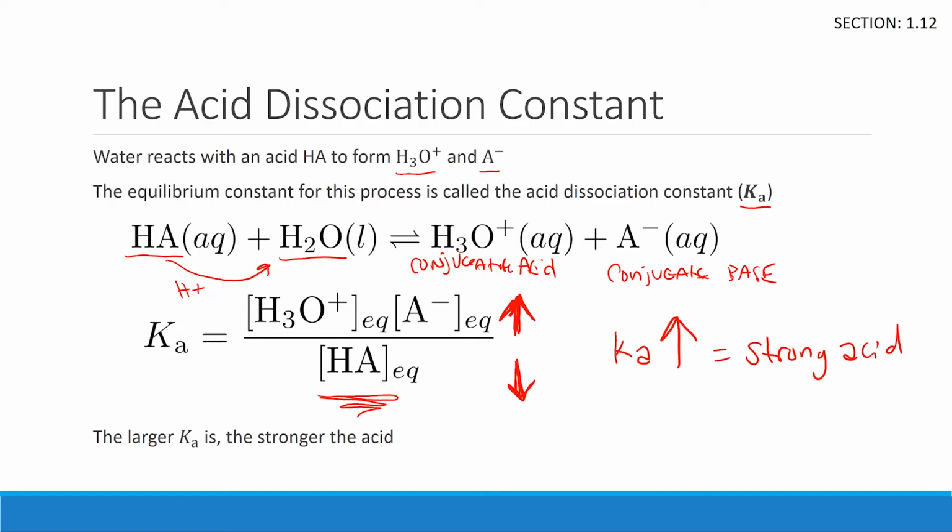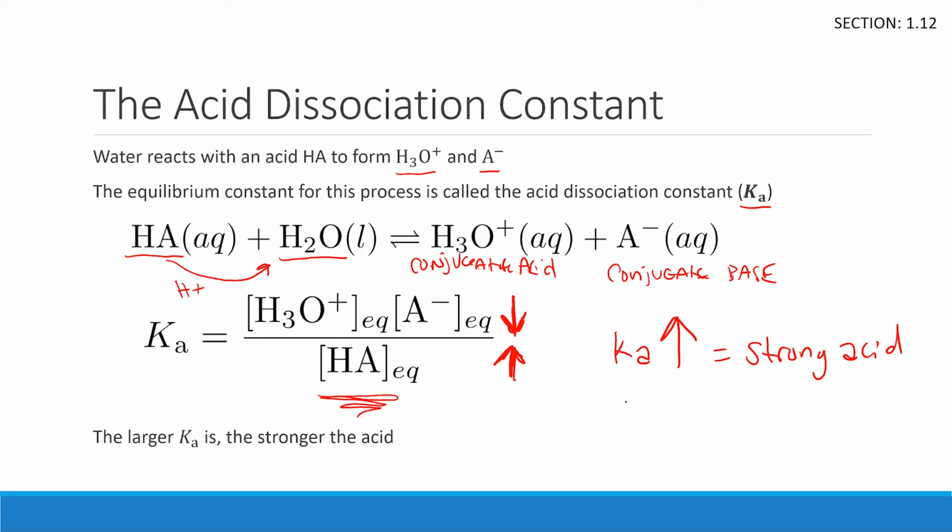Now, if you have the opposite scenario, if you put an acid into water and it doesn't really do its job, it doesn't donate its proton, it doesn't dissociate, it stays as the original acid that you put into water, that means that your top will be small, right? You don't form that much product. And the bottom here will be big.